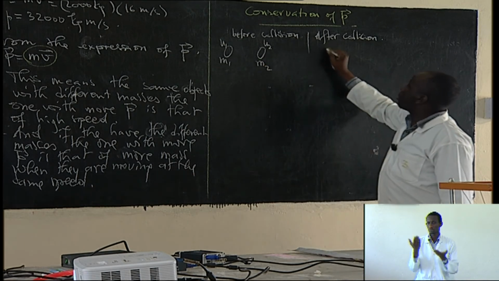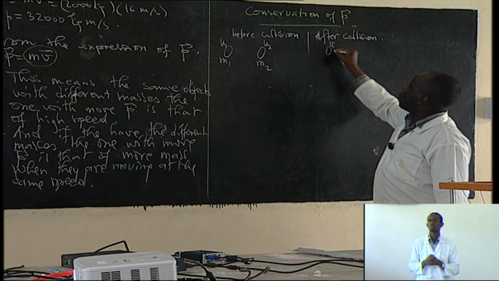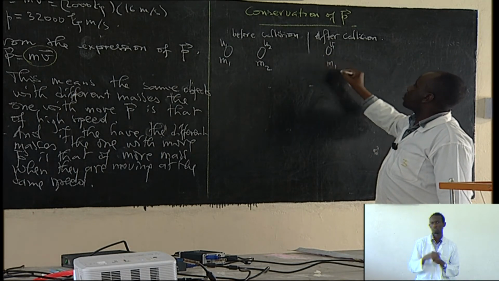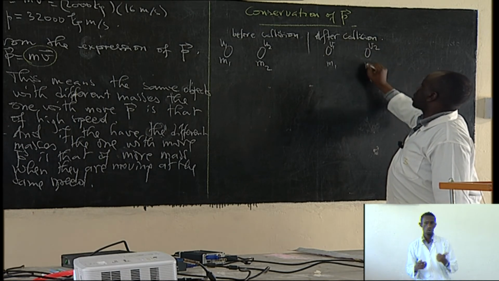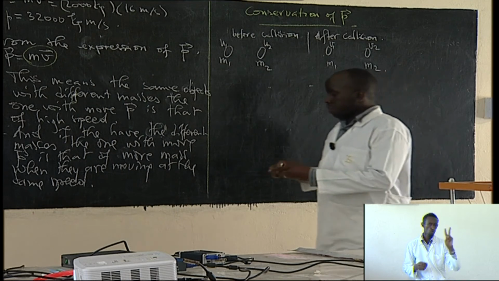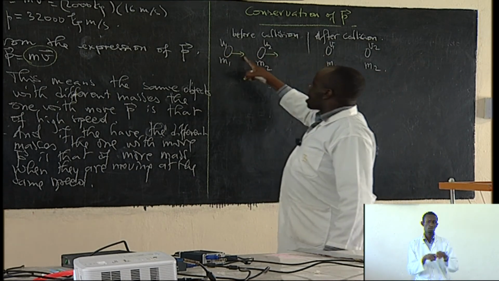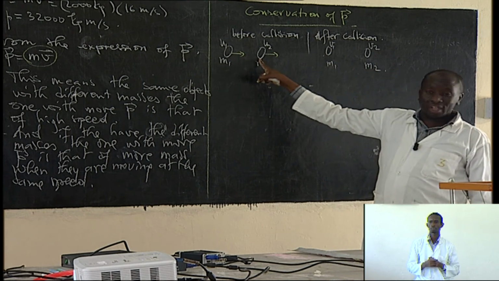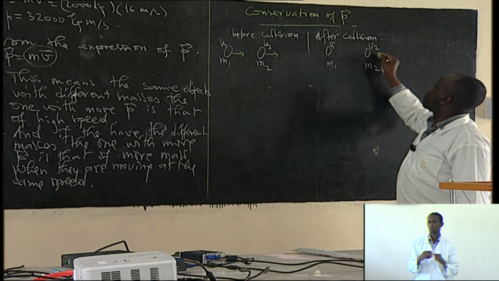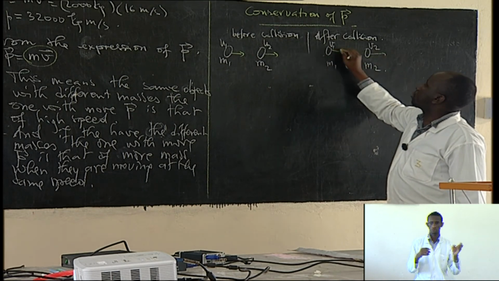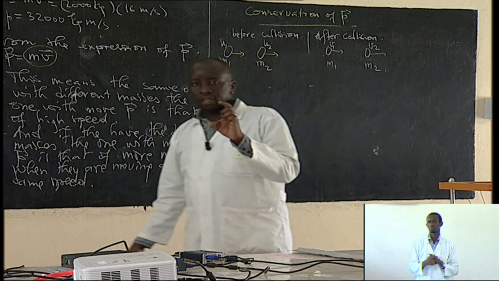And this time, after the collision, it will now be V1 for the mass M1, and V2 for the mass M2. So remember, if this one is now approaching this one so that they collide, it means that this will hit another, and then after the collision, maybe one will move like that, another will be moving by this velocity. I think that you are following this.